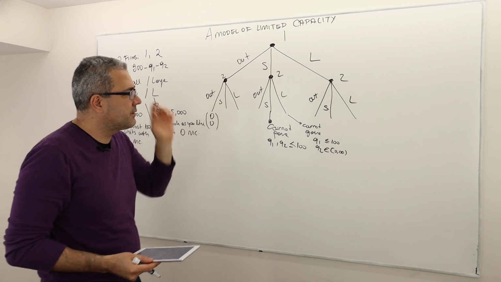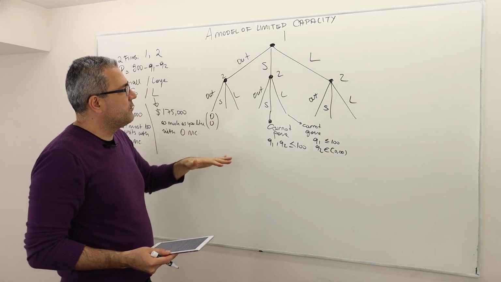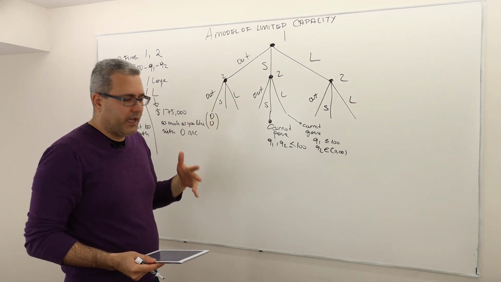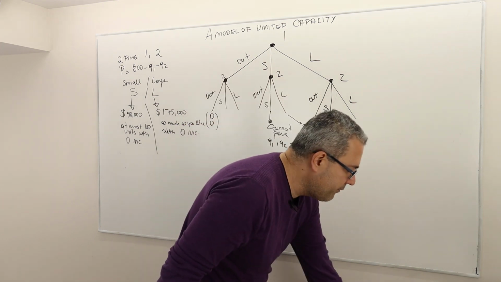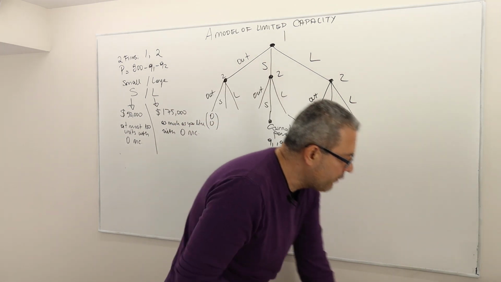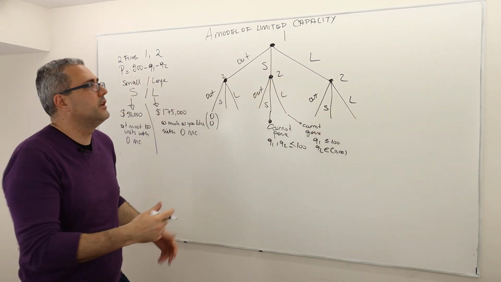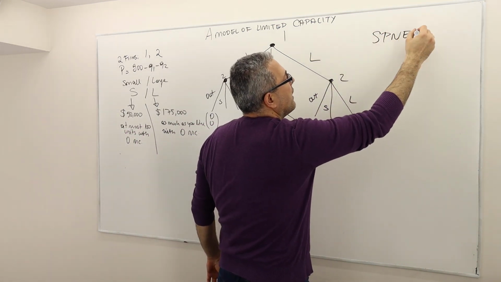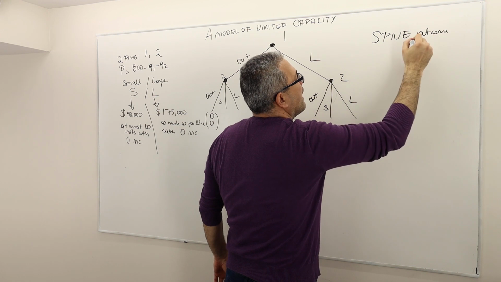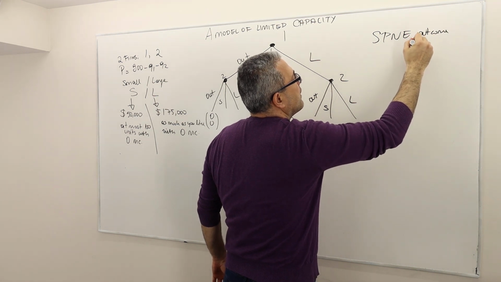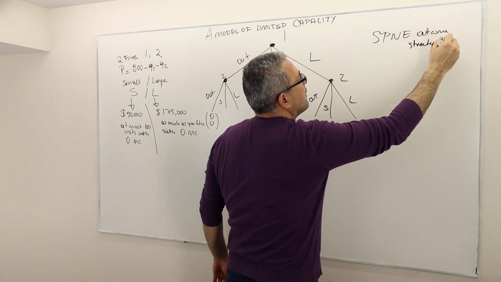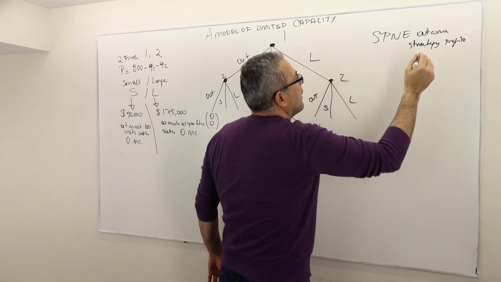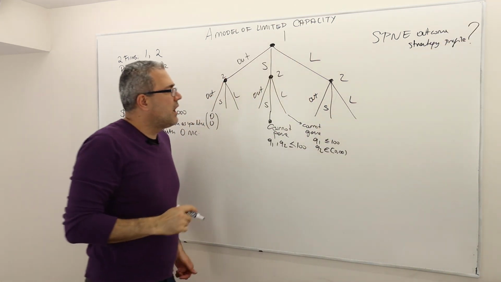As you see, this is a complicated game. And obviously, the question is: what is the subgame perfect Nash equilibrium strategy profile here? The game is complicated.